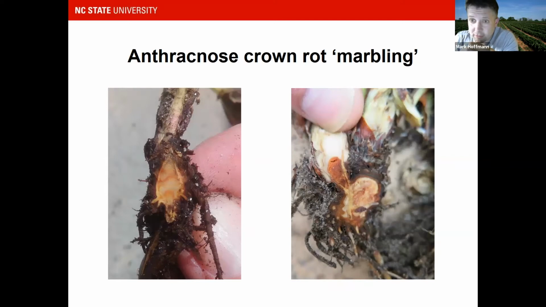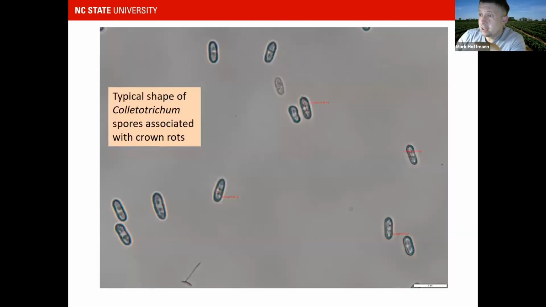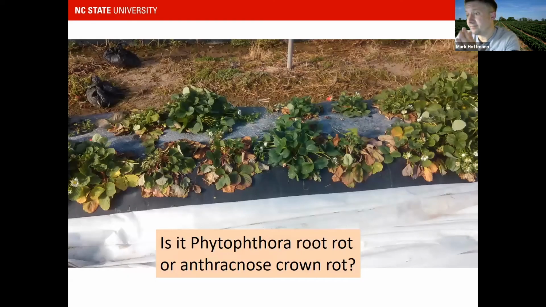Browning can also occur if you have winter damage or cold damage in your crown from too low temperatures. So really, the only way to identify this 100% is by sending it to somebody who can identify that. In our case, in North Carolina, it would be the Plant Disease and Insect Clinic. And I'm pretty sure there's an equivalent in Delaware as well, where you can send it. So that's, for us, the only way to really identify what kind of disease it is.